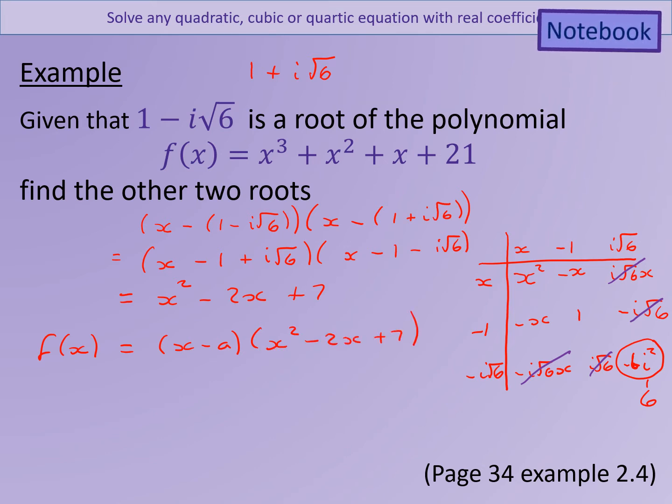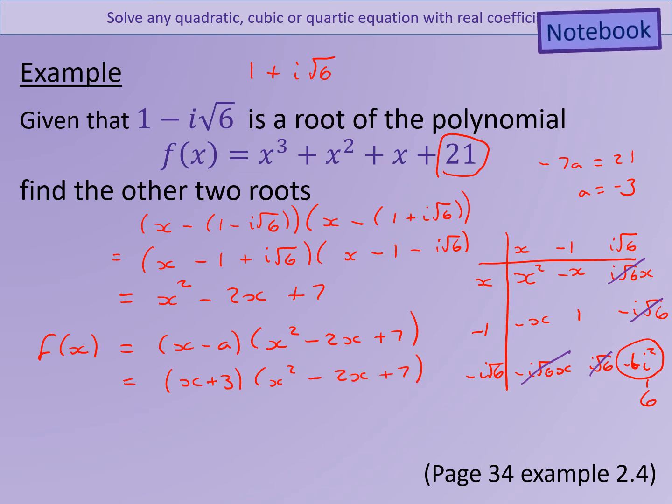Now by inspection we can just look at the numbers at the end. We can see that minus a times 7 has to multiply to give 21. So if minus 7a has to be 21, a must be negative 3, which means that the actual bracket is x minus minus 3, so x plus 3, times x squared minus 2x plus 7.